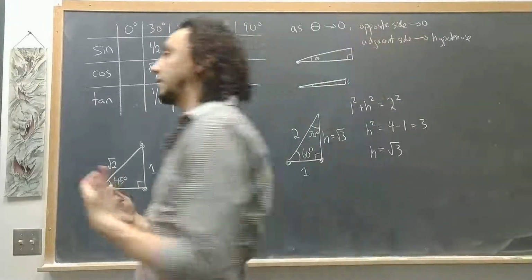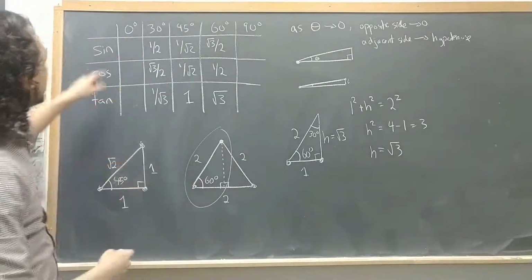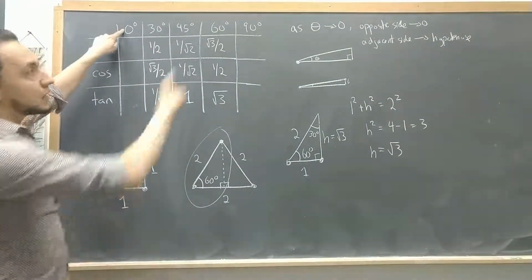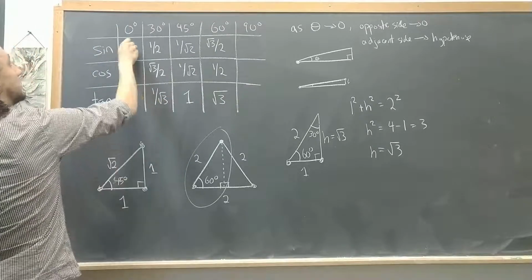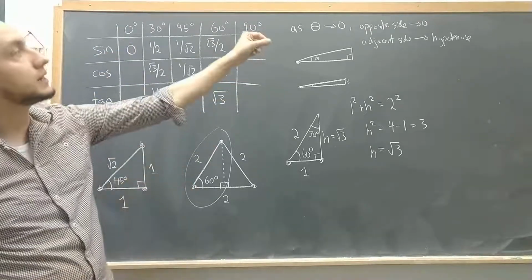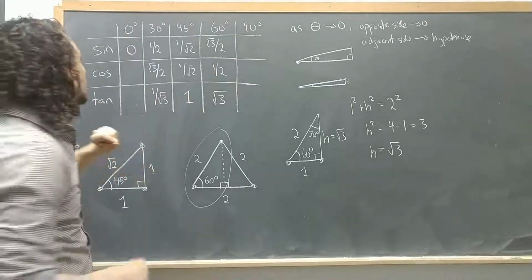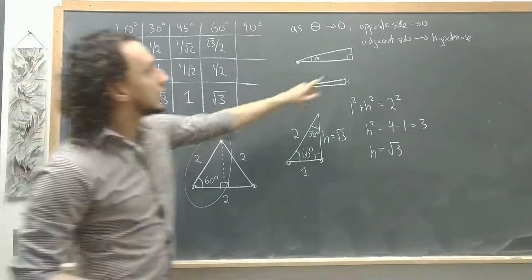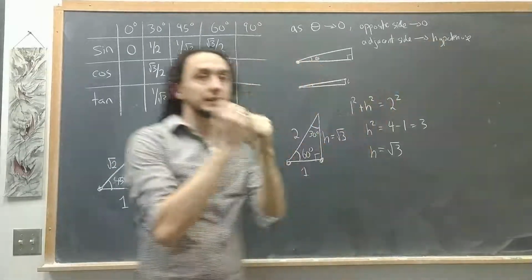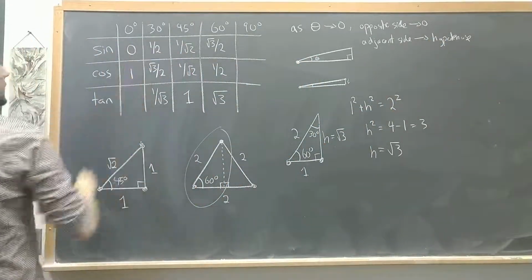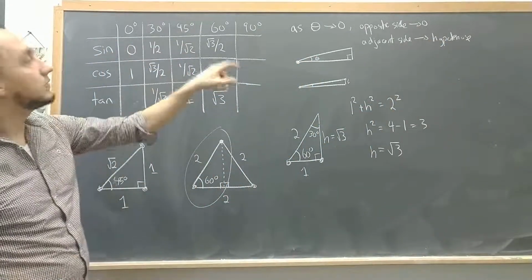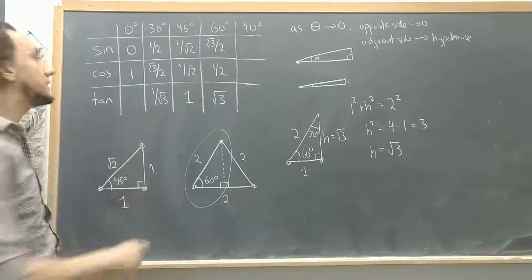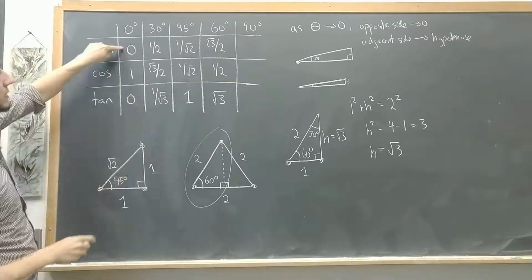We'll formalize this in another video. But this intuition suggests that the sine of 0 degrees, opposite over hypotenuse, should be 0. Because the opposite is getting arbitrarily small, getting close to 0. The cosine of 0 degrees, adjacent over hypotenuse, well, these are getting closer and closer to being the same thing, so this should be 1. And the tangent of 0 degrees, opposite over adjacent, should again be 0 for the same reason that this was 0.